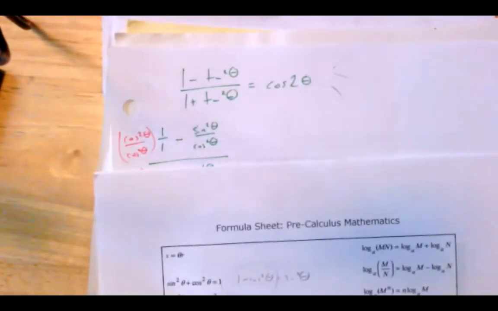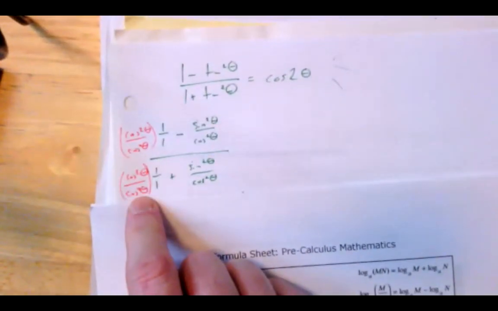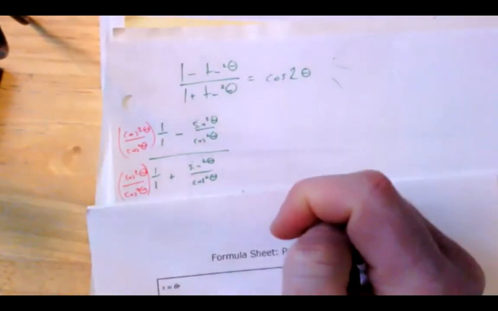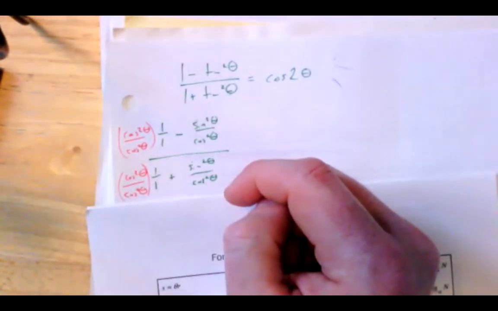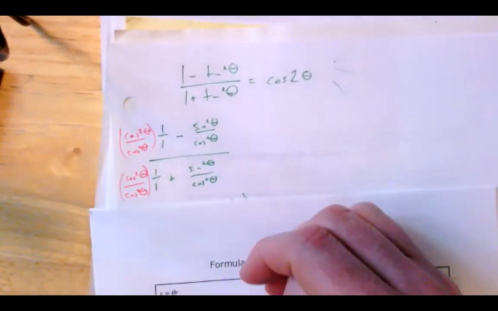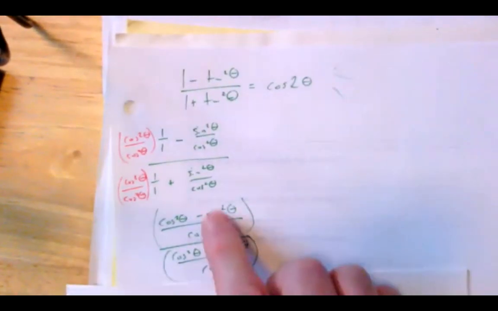So I multiply the 1s on the top and the bottom by cos squared of theta over cos squared of theta, because I want the same as what's in their denominators. Does that make sense? Yes. So if sine was on the bottom, then you'd put in sine over sine. You got it. Okay. So I do that, and it becomes this.